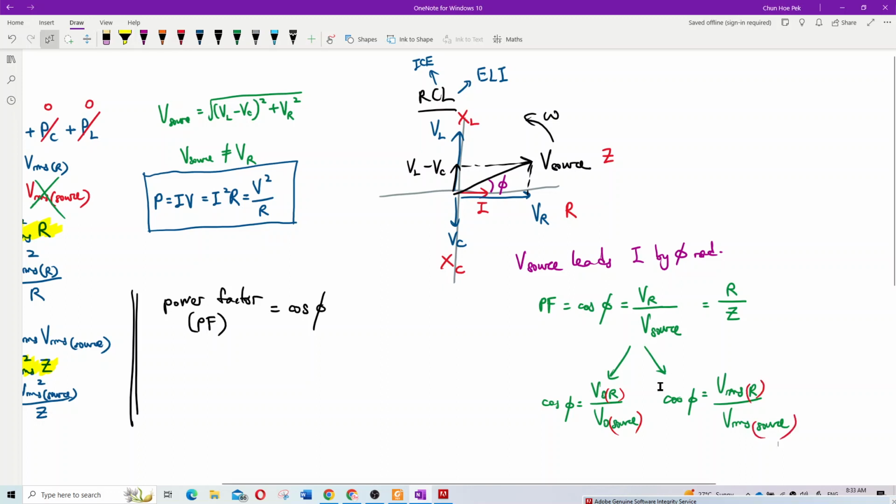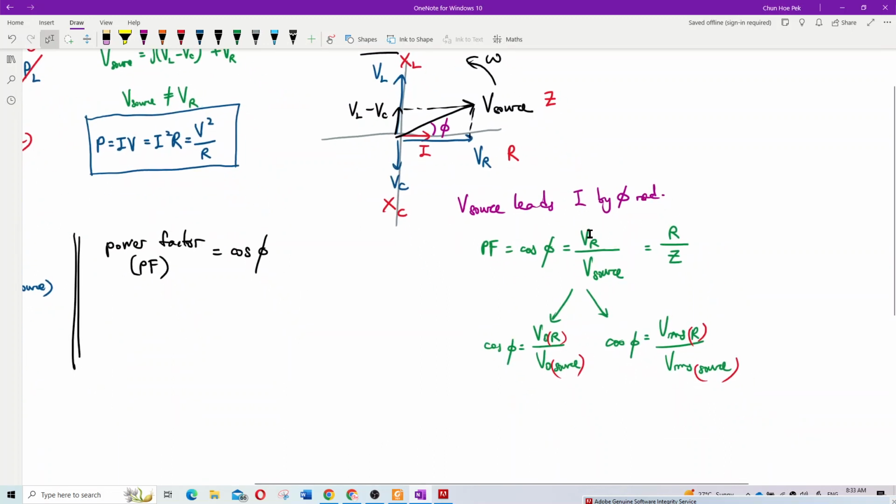Also can. So either one. When I write VR over V source, it can have two forms: either the peak voltage or the root mean square voltage.